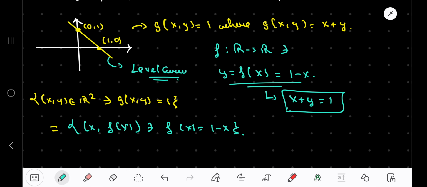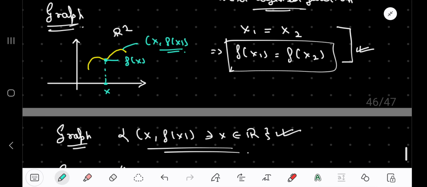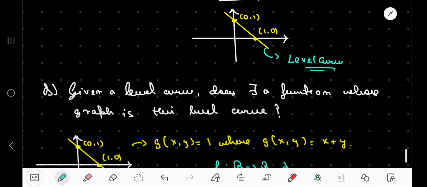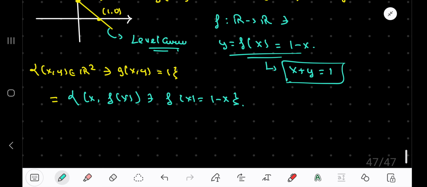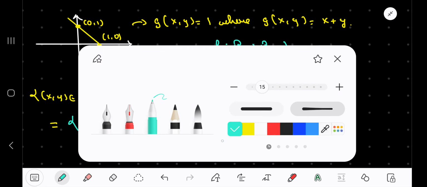Fine, clear? Okay. So in this case we see that for this level curve we have a function whose graph is actually this level curve, but is it always true? The question is, is it always true?